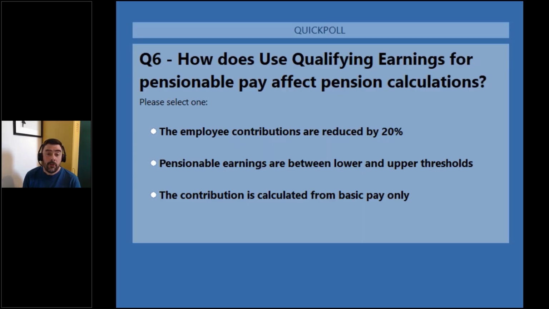Is it that the employee contributions are reduced by 20%? Are the pensionable earnings between lower and upper thresholds? Or is the pension contribution calculated from basic pay only? So how does the use qualifying earnings for pensionable pay setting affect pension calculations?